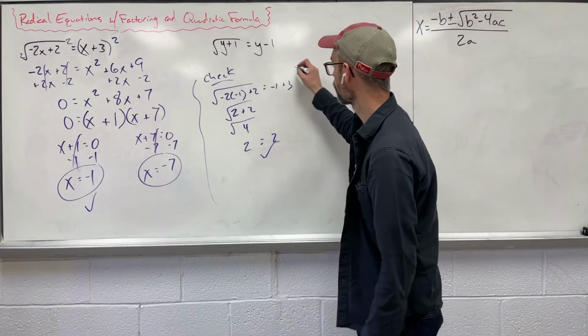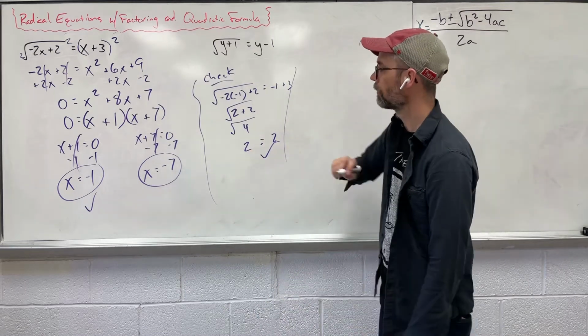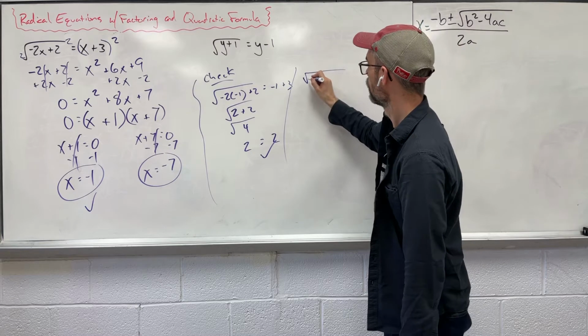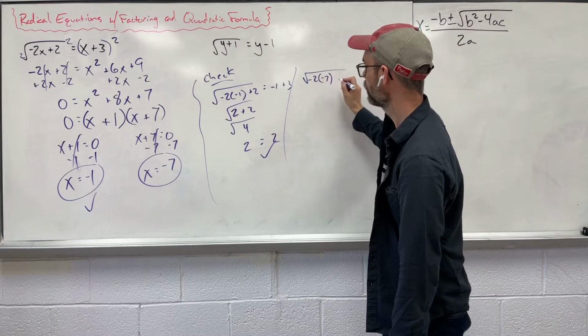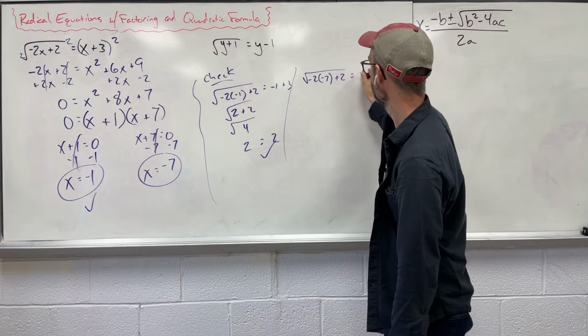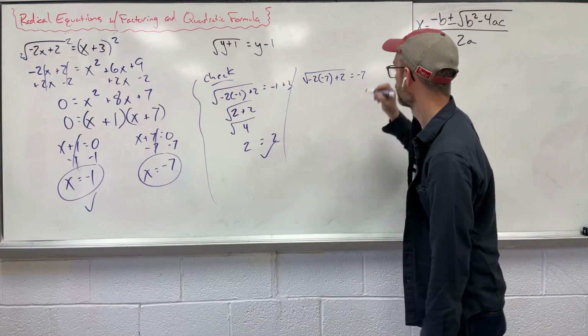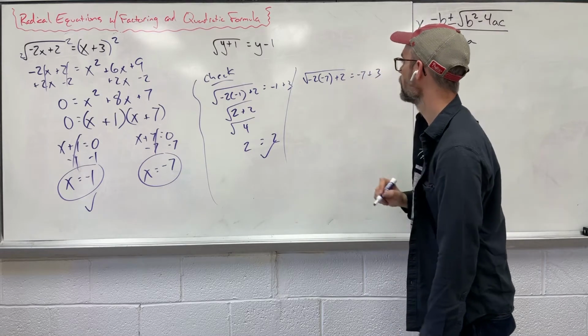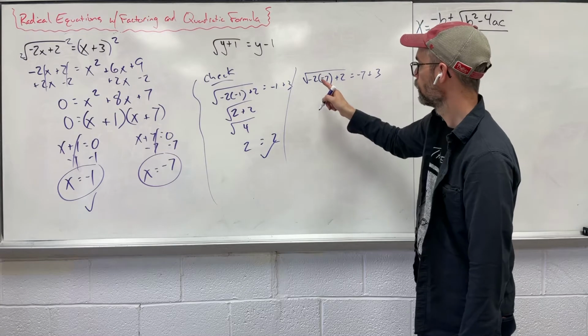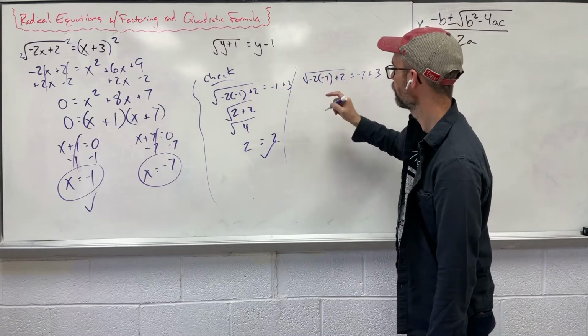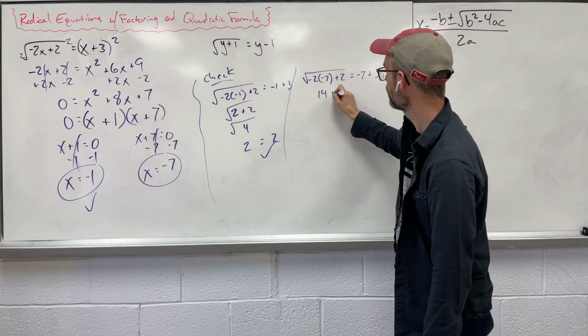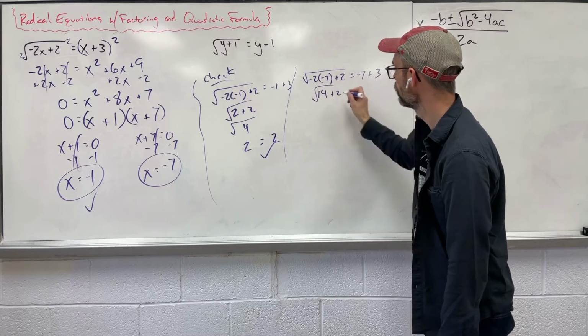Let's try this one more time, but with the negative 7. Square root of negative 2 times negative 7 plus 2 equals negative 7 plus 3. Negative 2 times negative 7 gives us positive 14, plus 2. That's under the square root.